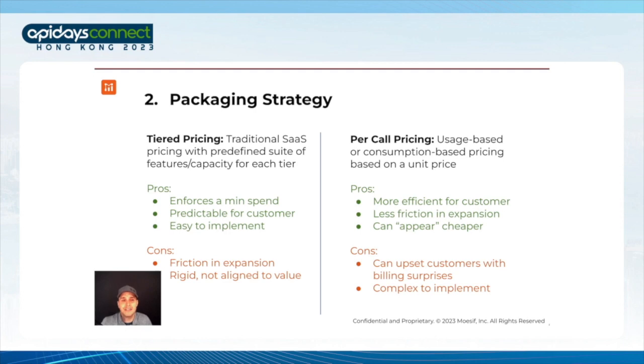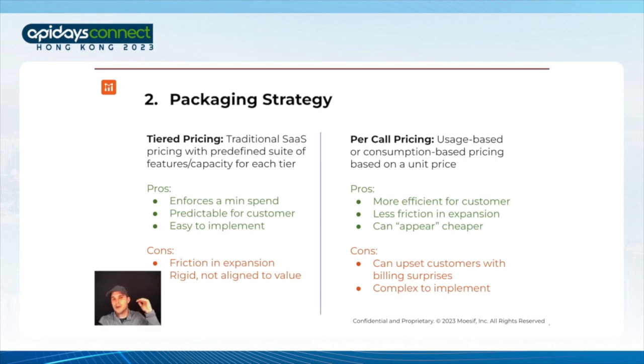Next is your packaging strategy. Are you going to do tiered pricing where you charge this much for this, that much for this, and so on and so forth? Or are you just going to charge for every single call that comes through? Every single call is considered a unit of usage. The great part about tiered pricing, which really is the standout one, is that it enforces a minimum spend.